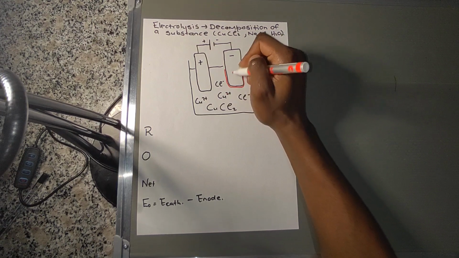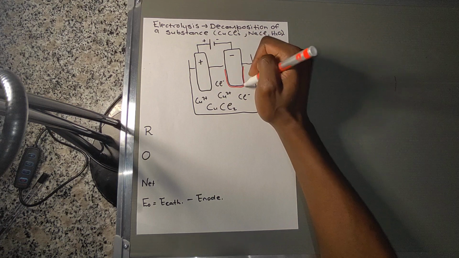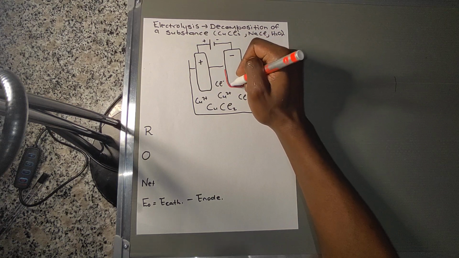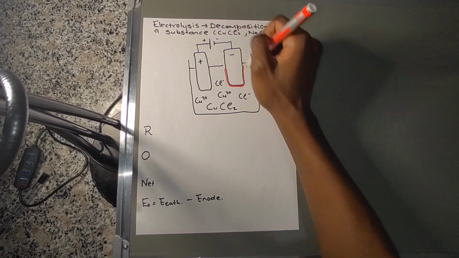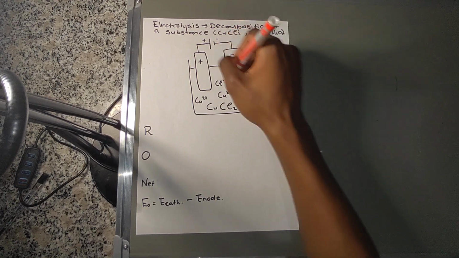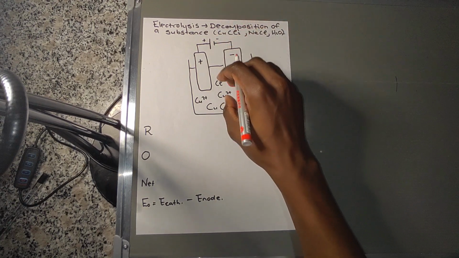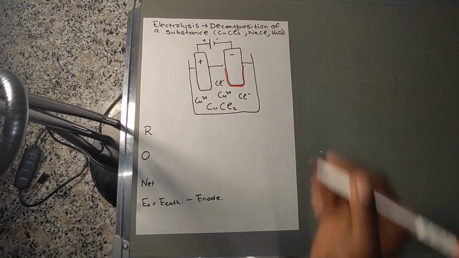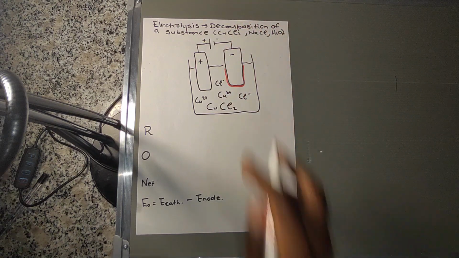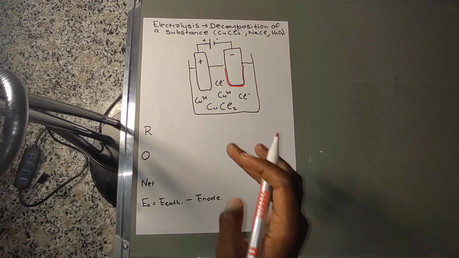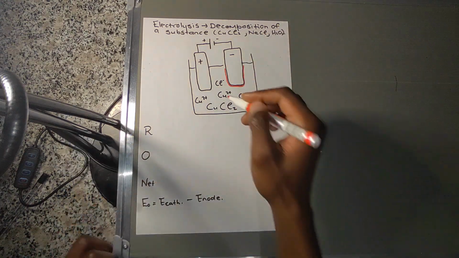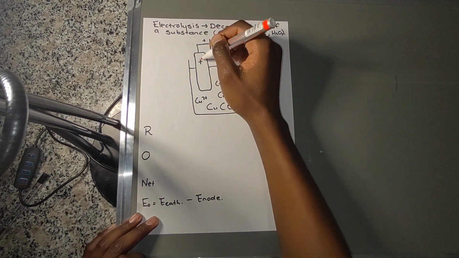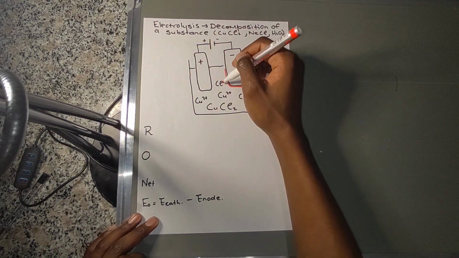And the copper ions are attaching to this electrode, so they will form a metal layer around this. So can you see that this electrode is gaining mass? This electrode is gaining mass because we're forming a metal layer around. So now we know that this will be undergoing reduction, and then the positive ions will attract the negative ions.